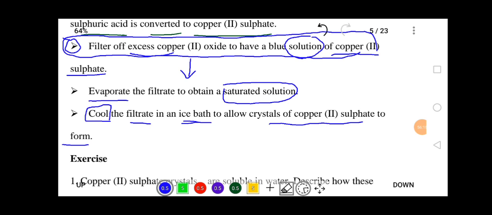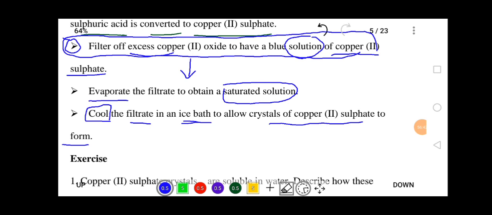That is very important, my dear learners. So understand the scientific points. You evaporate the excess water. You form a saturated solution. When you form a saturated solution, you are going to cool the saturated solution. Why are you cooling this saturated solution?